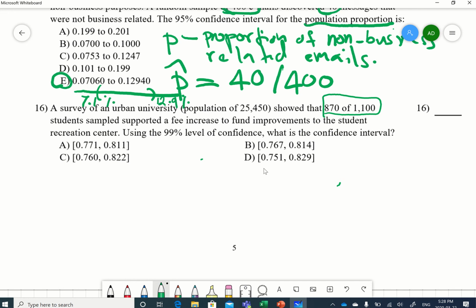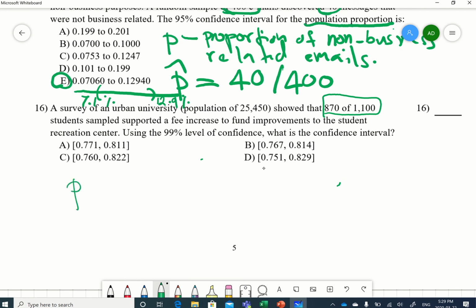So the university wants to do a fee increment to fund some improvements to the student recreation center. They want to know what percentage of students would support it.